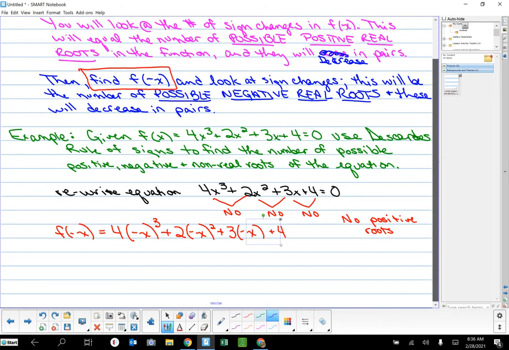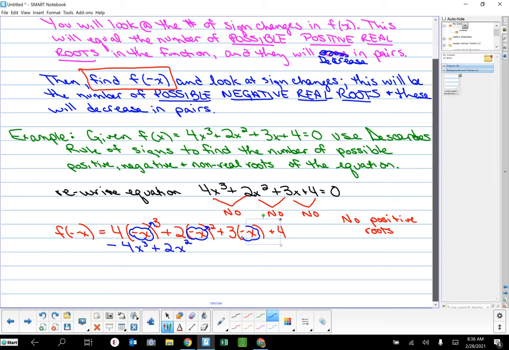Well, what happens when we do that? A negative x, this guy, raised to the third power becomes negative. So this whole term becomes a negative 4x to the third. But a negative x squared is a positive x squared. So this sign will not change. So this will stay plus 2x squared. What happens here?